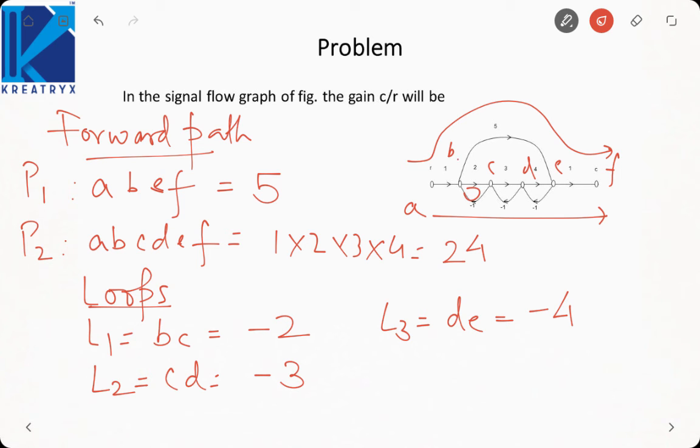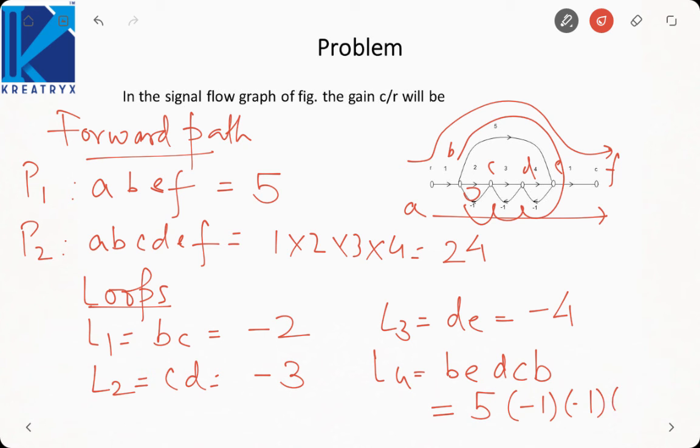And the other loop is like this, loop 4, B, E, D, C, B. It will be 5 into minus 1 into minus 1 into minus 1, that is minus 5. So these 4 loops are there.